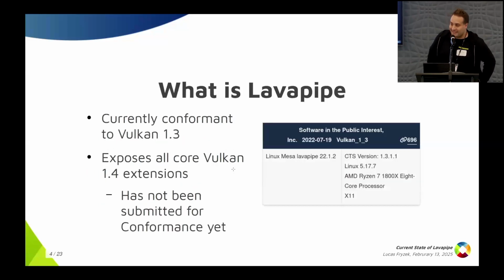So what is it? It is a software rasterizer for Vulkan. It's currently conformant to 1.3. Since early or late last year, it exposes all of the extensions promoted to core for Vulkan 1.4, but it hasn't been run against conform for Vulkan 1.4 yet. But if you have a Vulkan 1.4 application, there's a good chance you can run it against Lavapipe as well.